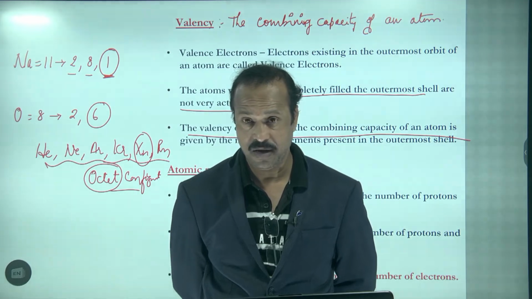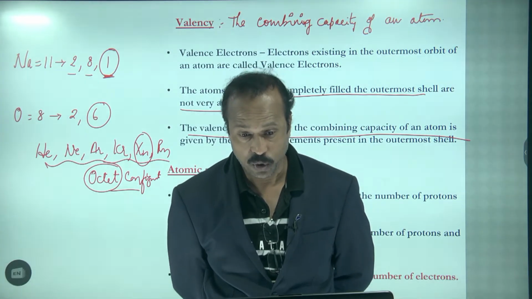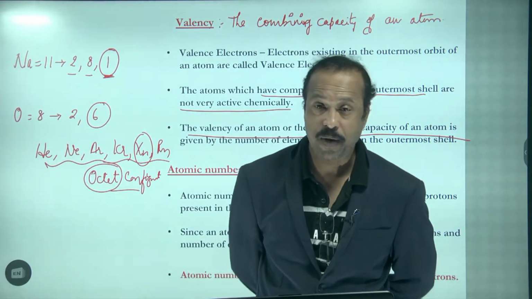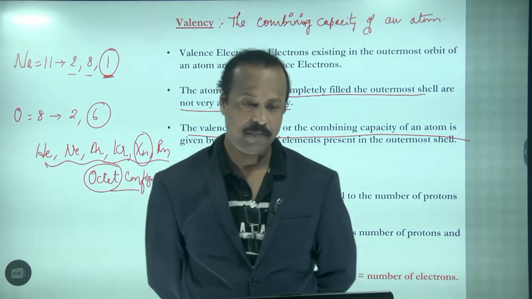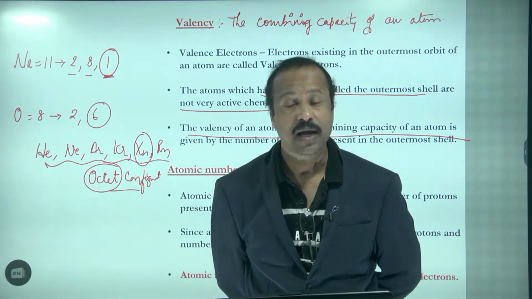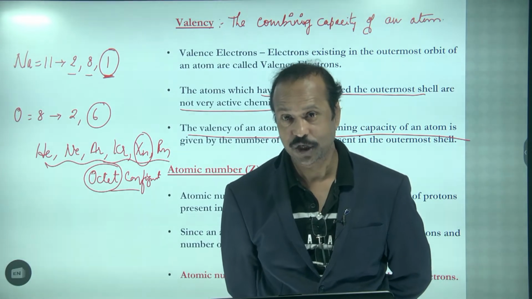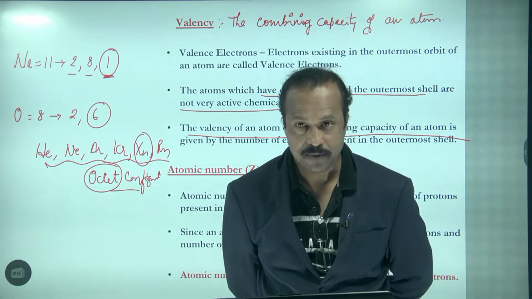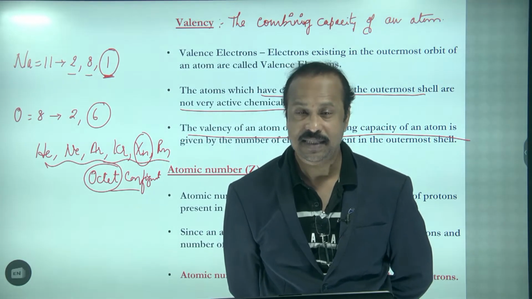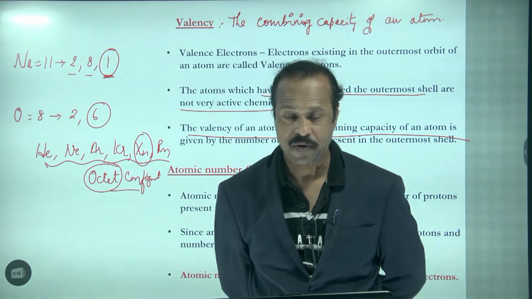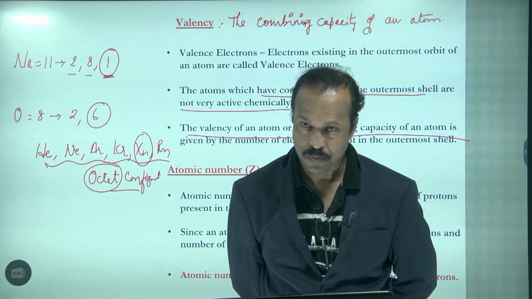So an atom can be identified by its atomic number, which is nothing but the number of protons present in the nucleus. And atomic number is denoted by the capital letter Z. Is this clear to you?